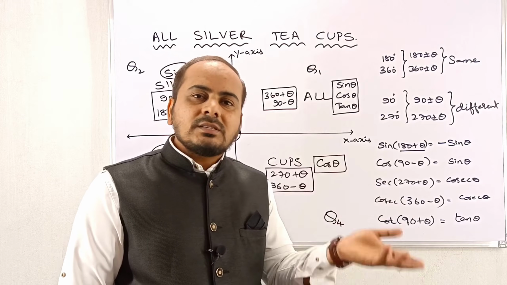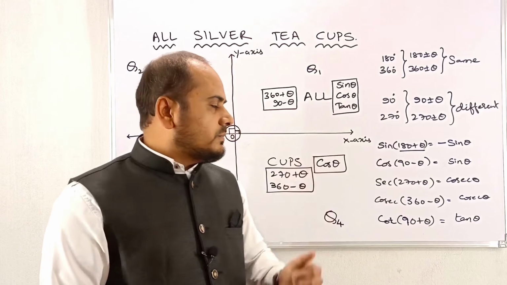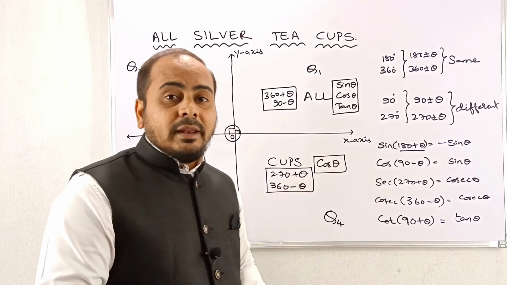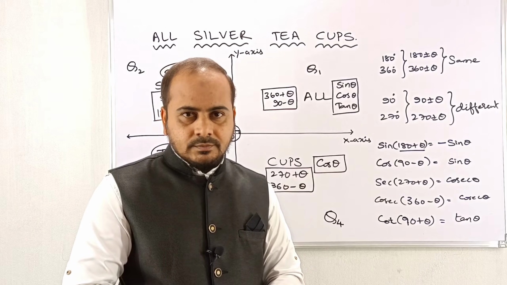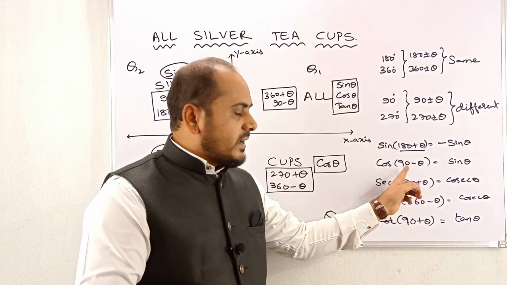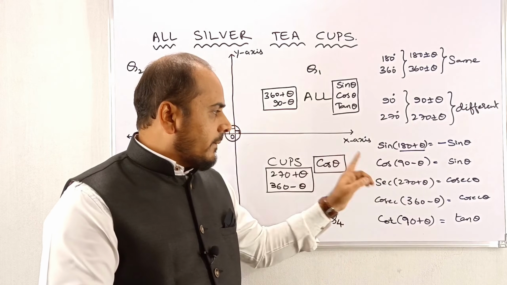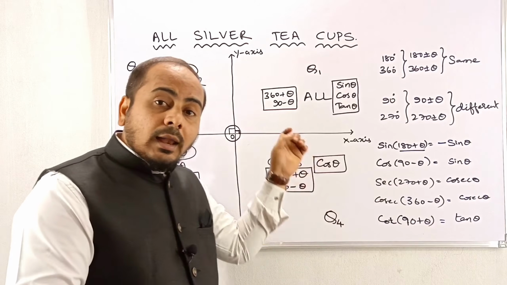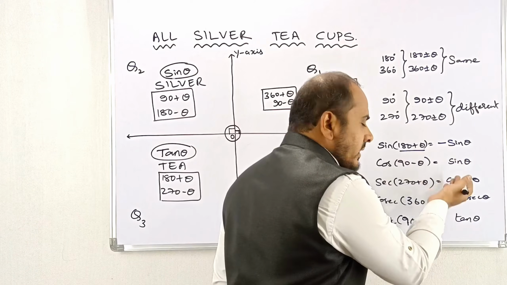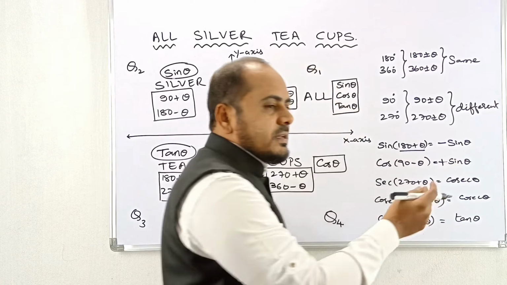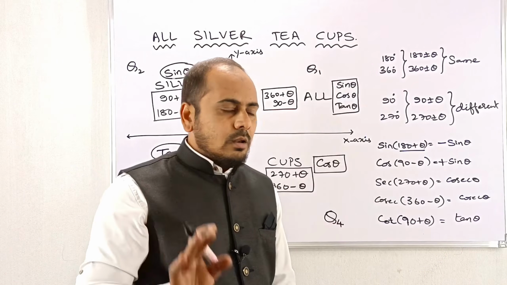If tan is positive, the remaining values are negative. Next, 90 minus theta. 90 minus theta means it comes in the first quadrant, and as it is 90, we took a different ratio. Now, all are positive in the first quadrant. Hence, it is also positive. Either you write plus, or if you don't mention plus, no issue at all.